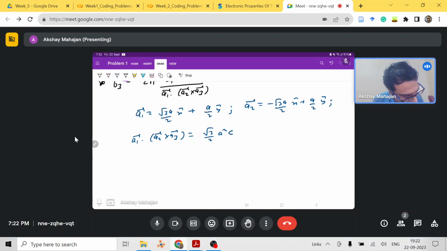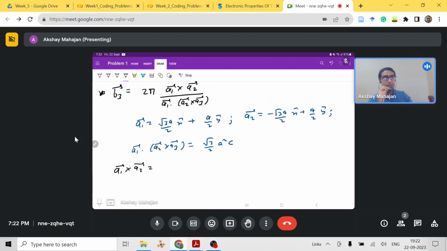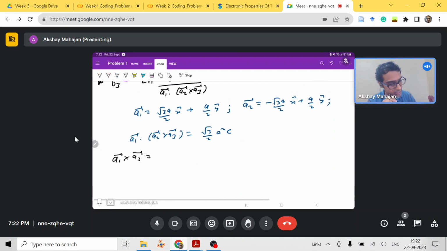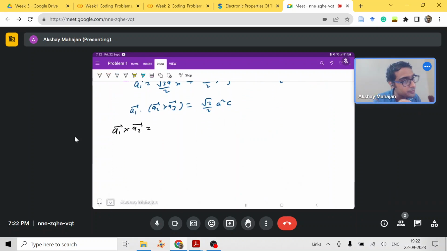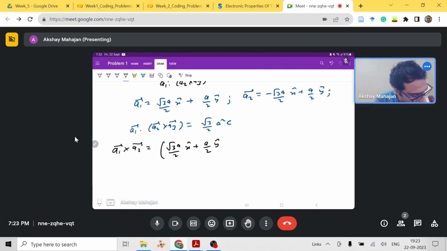Alright, the same thing. And now again, how we will do it: we will solve first e1 vector cross e2 vector to find the b3 vector. We just have to solve that, and the denominator we have already solved. So e1 vector is root 3 a by 2 x cap plus a by 2 y cap, cross product with minus root 3 a by 2 x cap plus a by 2 y cap.